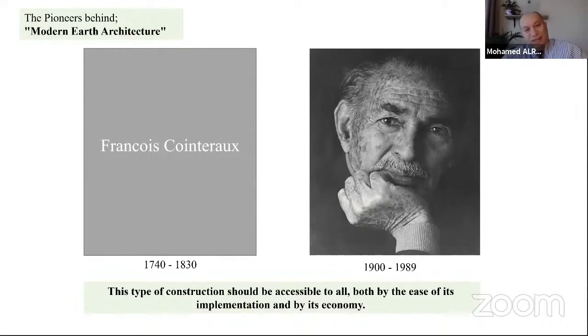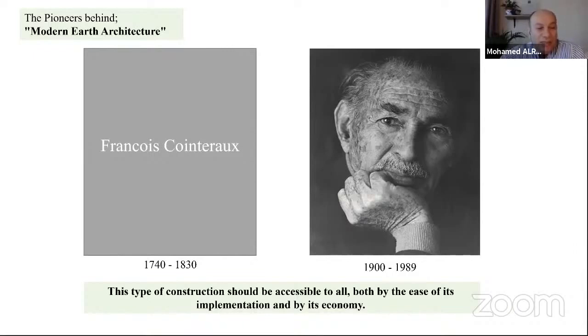Then, about 100 years later, there was another legend, the Egyptian architect Fathy, who also dedicated all his life to the same goal. Fathy revealed to the whole world that earth material could play a crucial role in providing healthy and affordable houses all over the world.